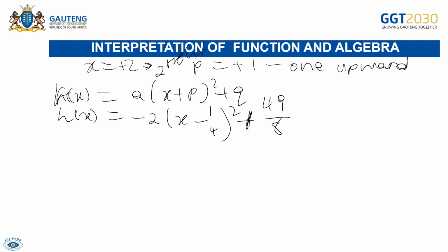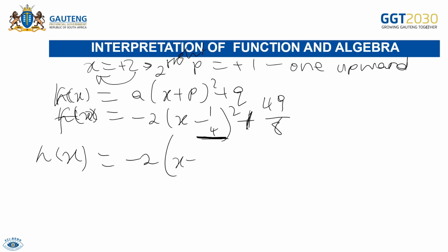We are talking about the original equation, the equation of f of x. So your h of x will be given as, now we need to translate this by 2 units to the right. So 2 units to the right means the 2 will come this side, then I'll have x minus 2. So it's going to be x minus 1 over 4 minus 2, then I square, plus 49 over 8. Then this one, I need to shift it 1 unit upwards, so it's going to be plus 1.